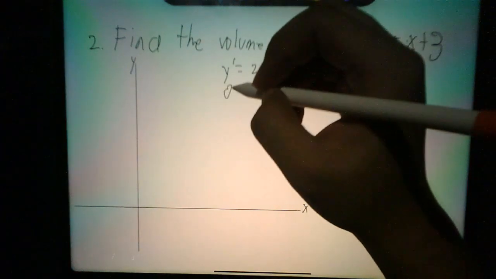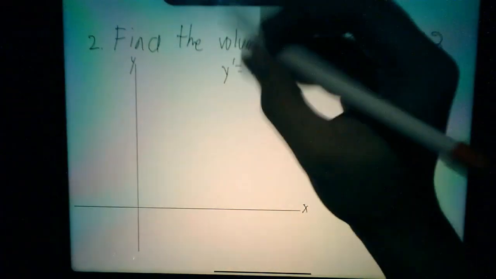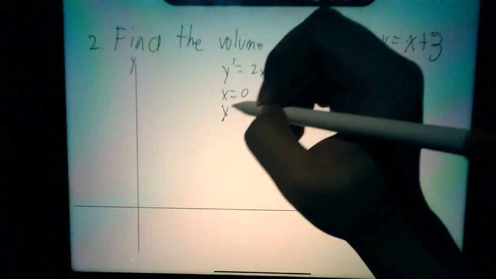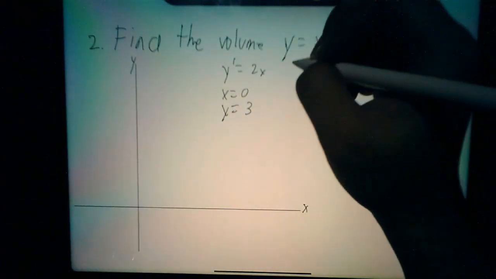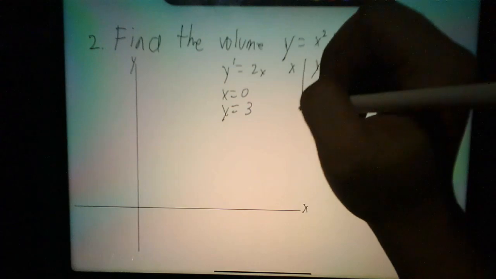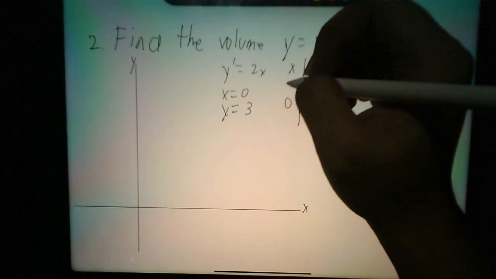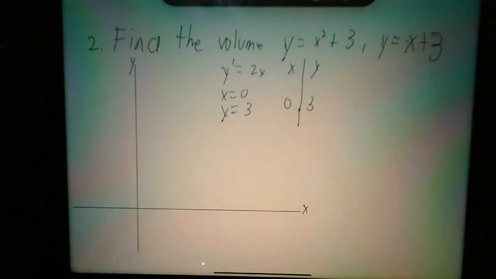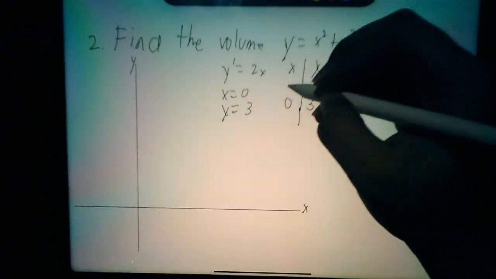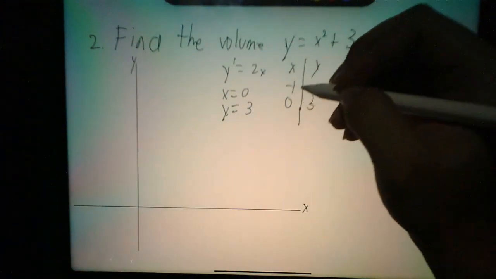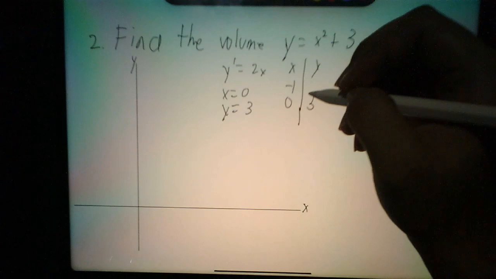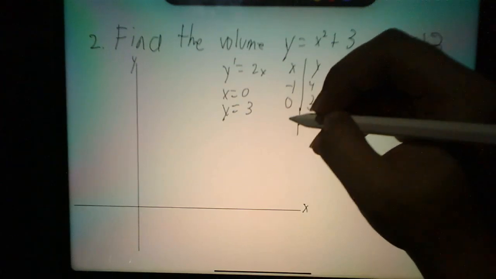If x is 0, our y will become 3, so the point is (0, 3). If our x is negative 1, our y will become 4, and for x equals 1, y is 4.